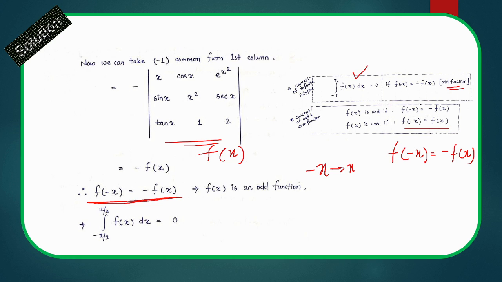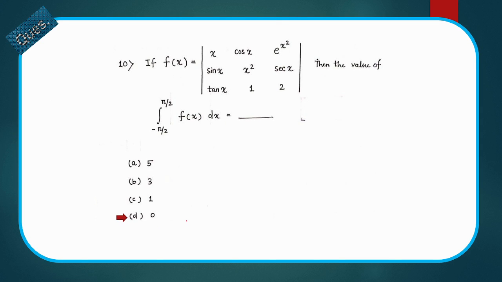As you can see, we have found that f of minus x equals minus f of x here. So it is an odd function, and it is asking about minus pi by 2 to pi by 2. So this property can be applied. So the final answer will be 0. So here the D option is correct.